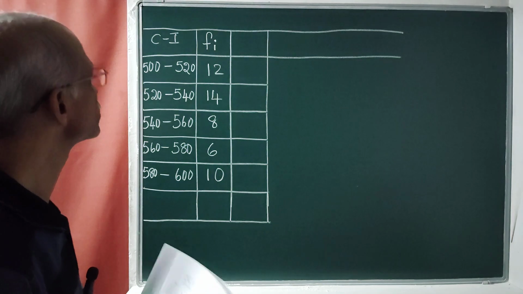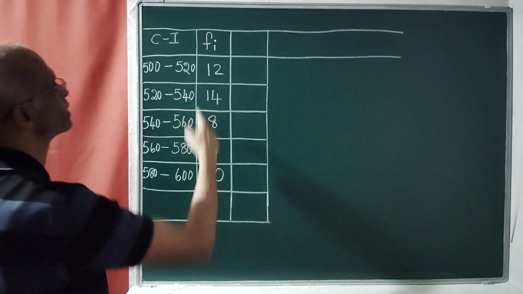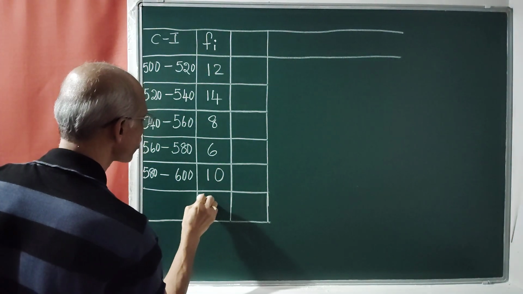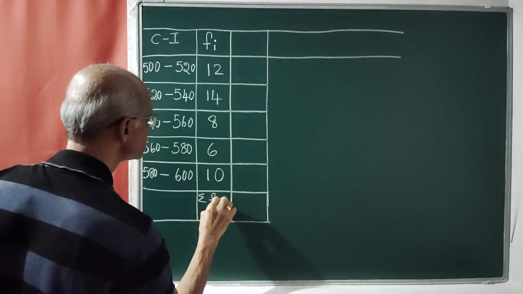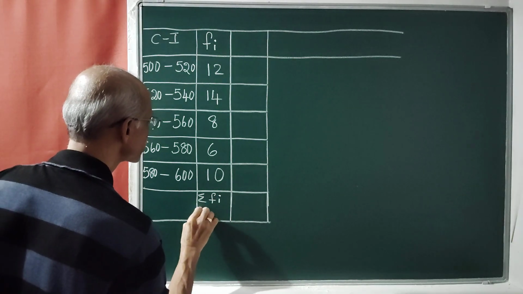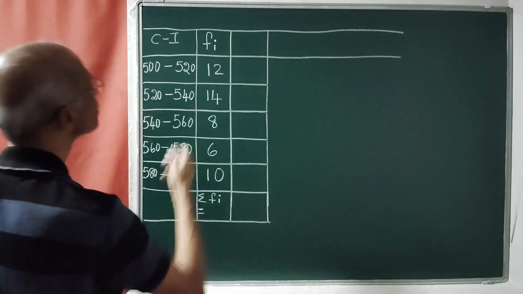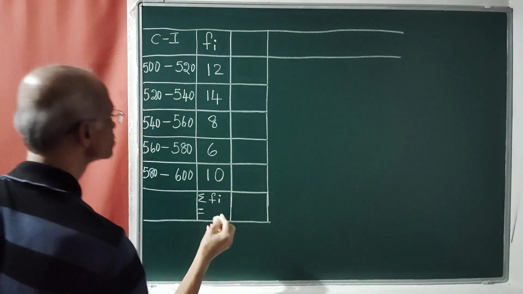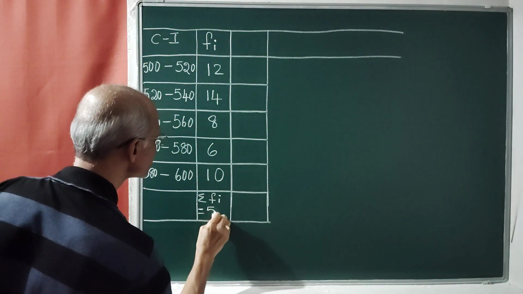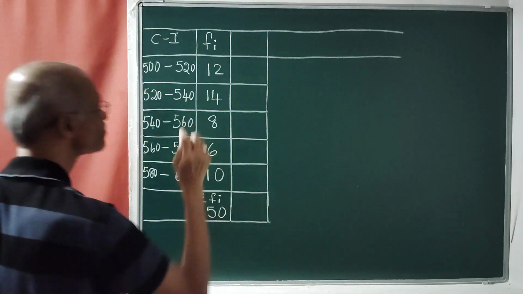The first step is find sigma fi. Sigma fi means add all the values of fi. If you add all these, we'll get 50. Sigma fi is 50. That is the first step.